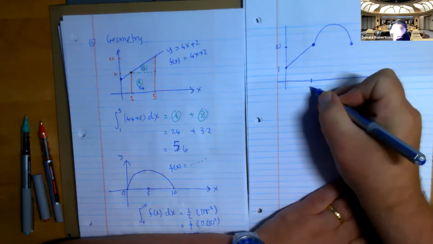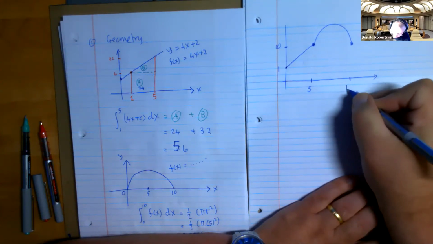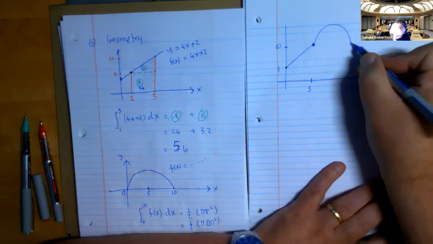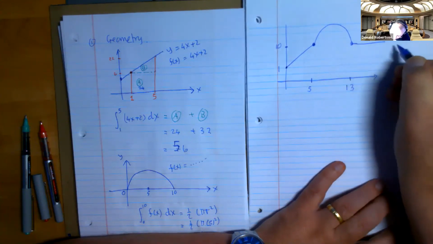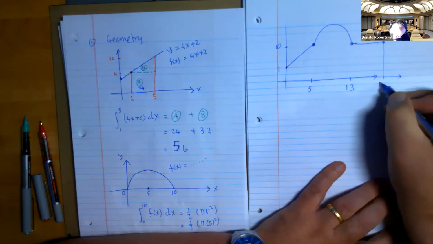This guy here is 5, this guy here is 13, and then it goes to here, and this is, say, 20.